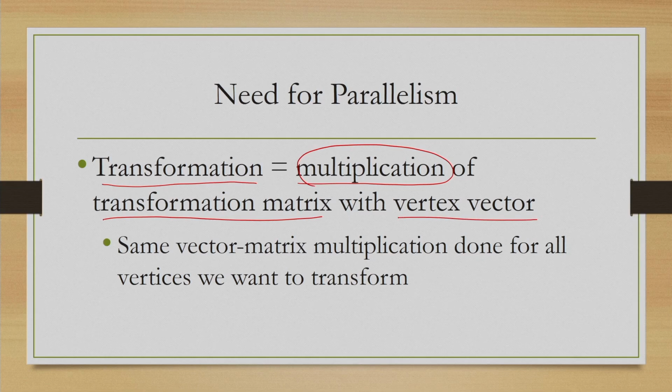The thing to note here is that the same vector matrix multiplication is done for all vertices that we want to transform. That means, we are essentially performing the same operation, multiplication, for all the vertices.